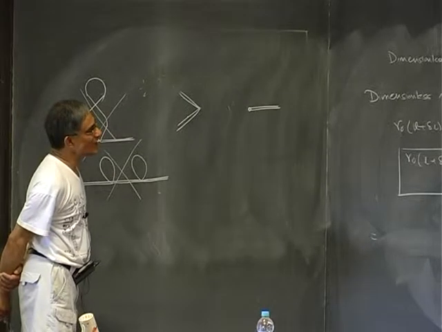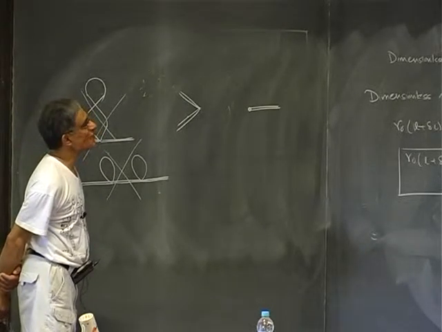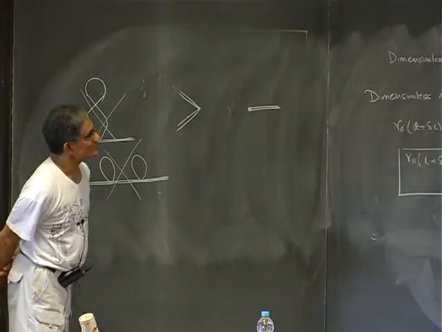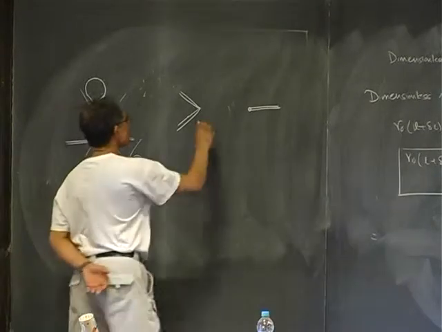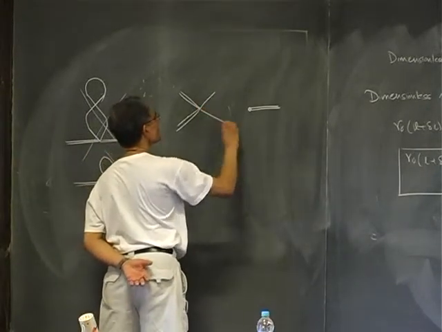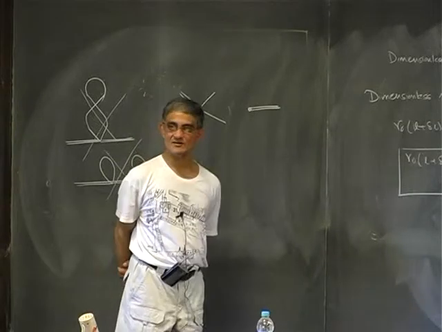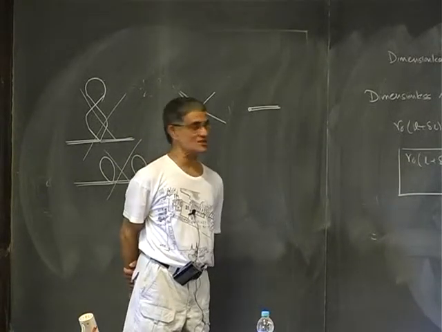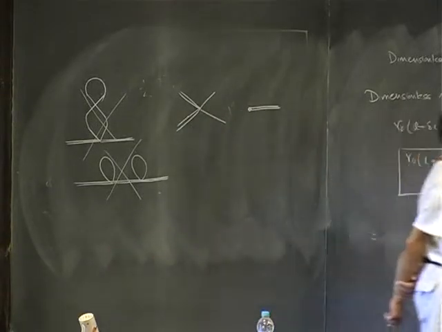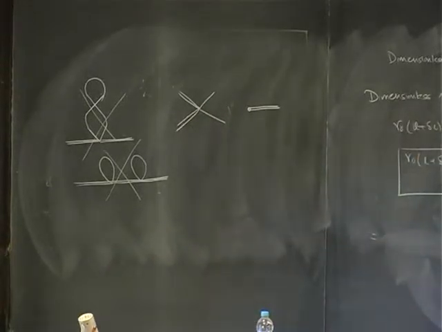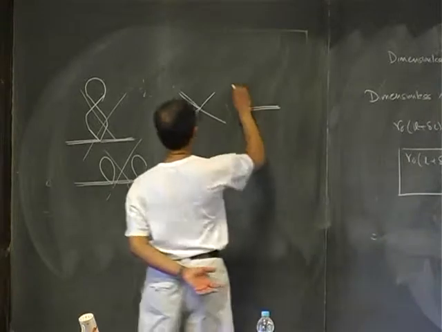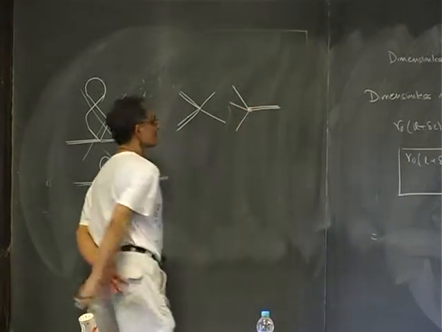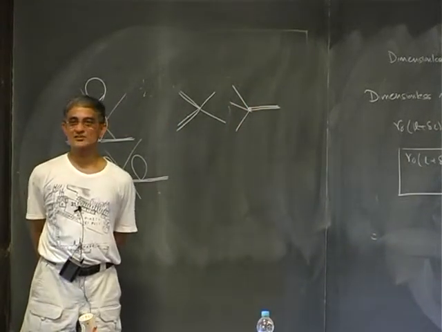With 2 double lines on one side, there is only one thing which has 2 of these. With 1 double line outside, there is only one diagram which has 3 of these, and then there is no way to join these things.